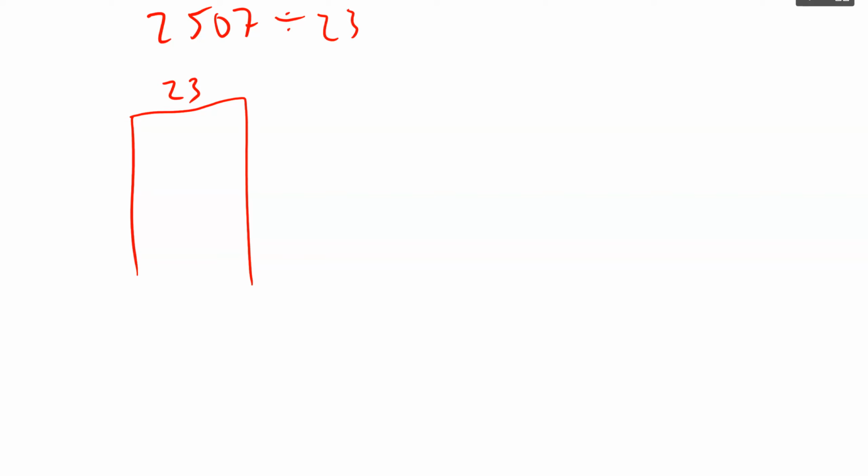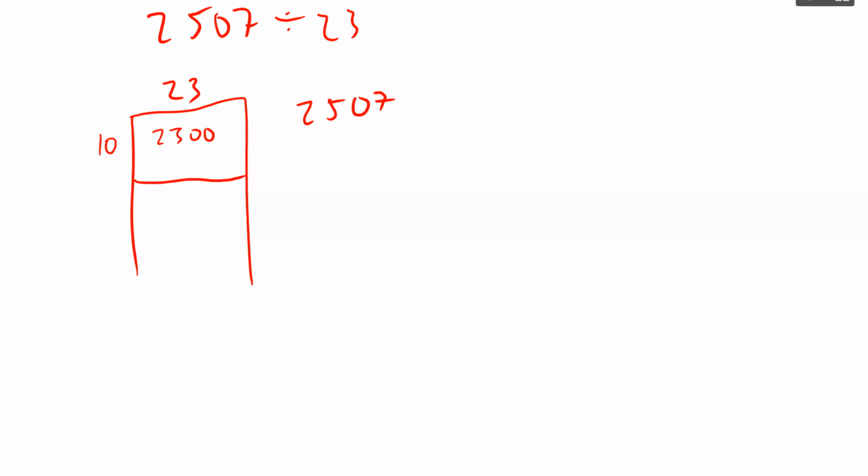Now, I know the total amount is 2,507, so I need to get pieces of this that total up to that. We're going to do a very similar concept soon using number webs, but in the meantime, this works almost as well. So 23 times something needs to fit inside of this amount. I know if I had 23 times 10, that's going to get me 2,300.